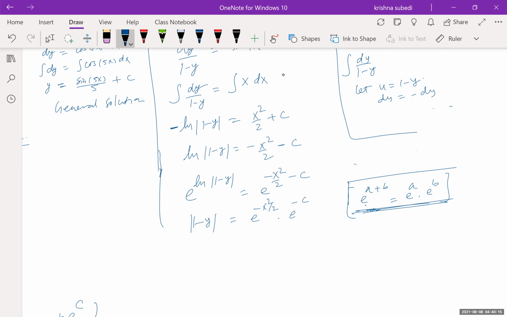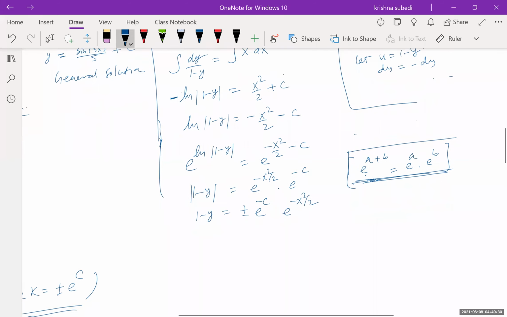And if I want to get rid of the absolute value sign in 1 minus y, I must write positive and negative there. And let me write e to the negative c there. I'm going to get e to the negative x squared over 2.